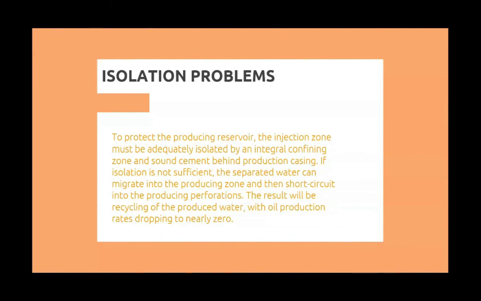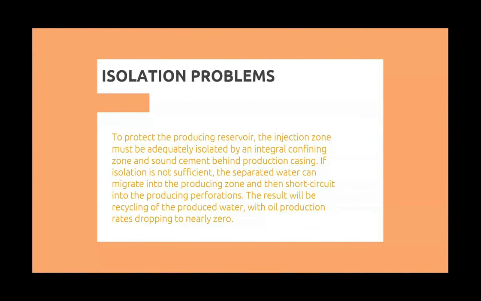Okay, the next problem that comes from the downhole separator technology. To protect the producing reservoir, the injection zone must be adequately isolated by an integral confining zone and sound cement behind the production casing to prevent the formation from collapsing or from damaging the equipment. If isolation is not sufficient, the separated water can migrate into the producing zone and then short circuit into the producing perforation.